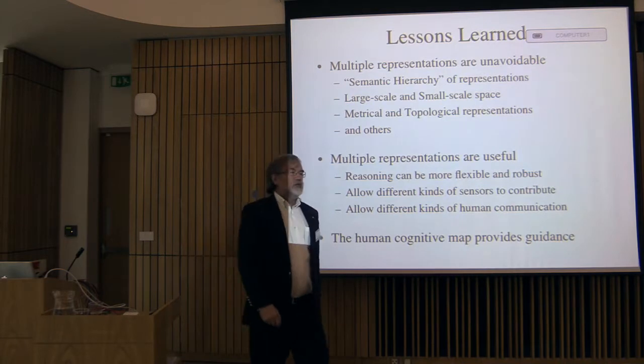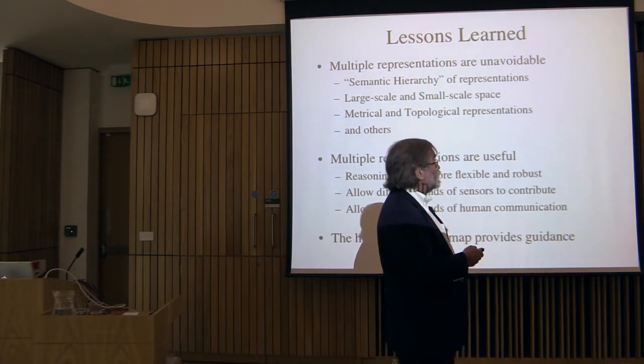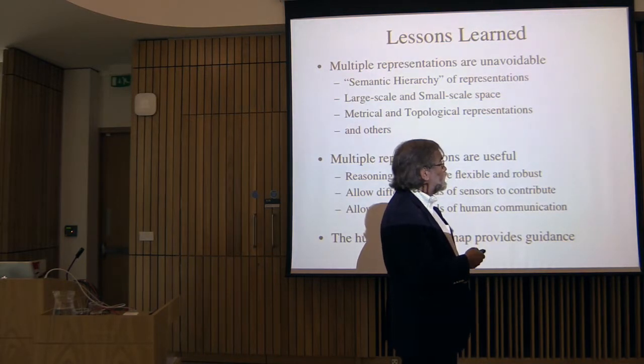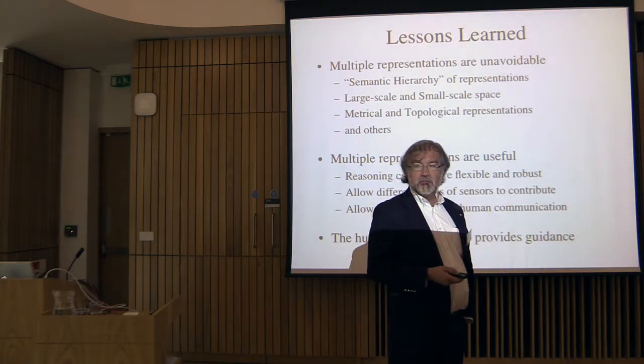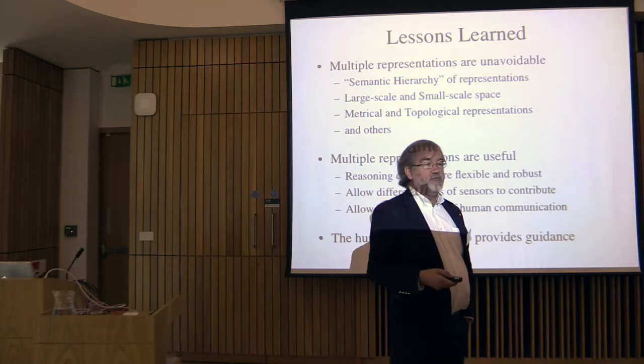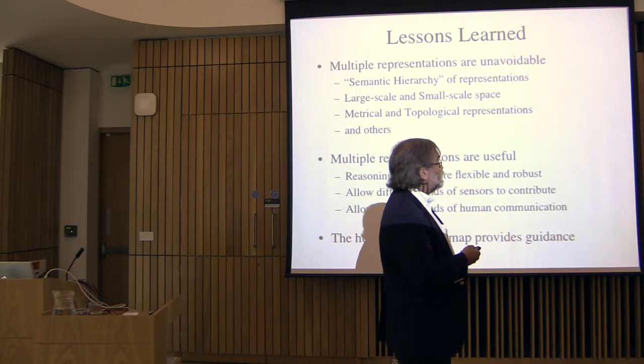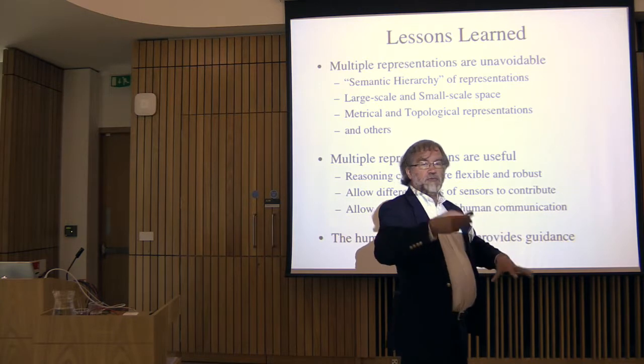So, what have we learned? Partly, we really need to use multiple representations for space. And I would claim that that's a characteristic of a lot of different kinds of common sense knowledge, that we often have to have multiple representations of the same thing. And we can build semantic hierarchies of representations that make it easy to go between them.